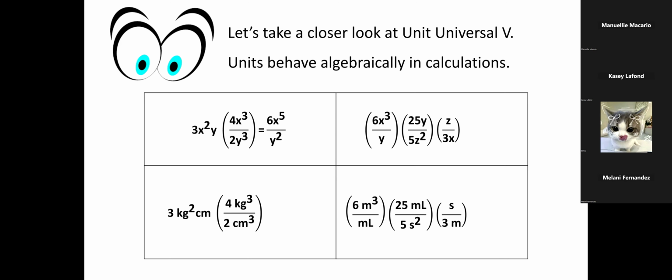So our units are going to behave just like our algebra variables. Same with our centimeters. We'll have a centimeter in the numerator, and we've got centimeters to the third power in the denominator in the bottom. So 1 centimeter from the top cancels one of the centimeters in the bottom, and we end up with centimeters squared in the bottom.